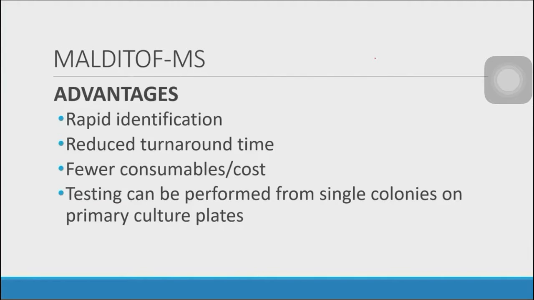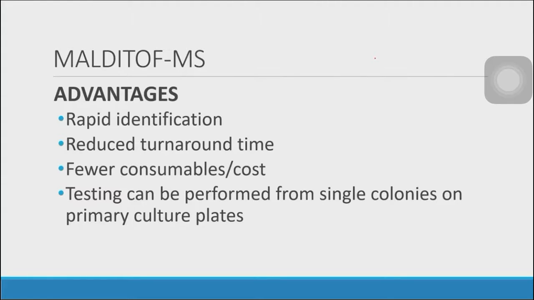Masyado siyang time consuming kasi minsan mag-subject ka pa sa subculture, para padamihin mo yung colonies, and then ilalagay mo pa sa media and then incubate mo pa ulit. Here, you can get the isolated colony from primary culture media at pwede mo na agad siya ma-identify. So mas bababa talaga yung mismong process.